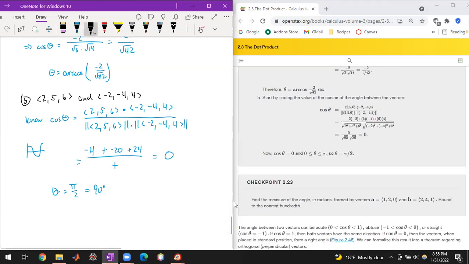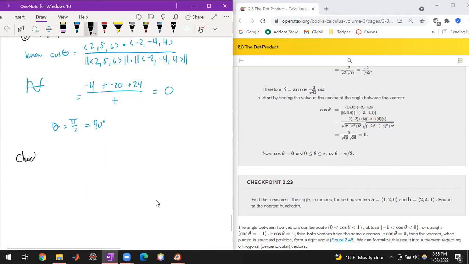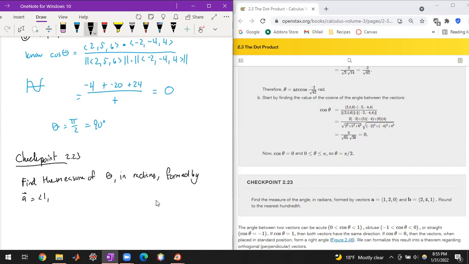Fantastic. So I'll encourage you, as usual, to take care of the checkpoint on your own. For the checkpoint, we are interested in finding the measure of the angle in radians, we're told, formed by the vectors A, which has components 1, 2, 0, and B, which has components 2, 4, 1.